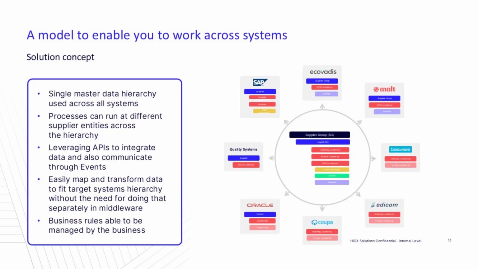Let's illustrate that now to show why it drives integration and process success. Imagine, for instance, you just had SAP's flat structure, but you want to run a business process at a global ultimate level, which is a very real scenario. For example, you may want to run sustainability in EcoVadis, and to do that efficiently, run this at the parent company level.